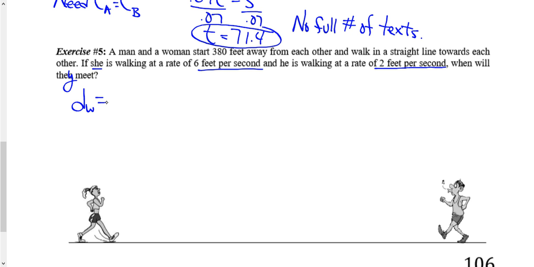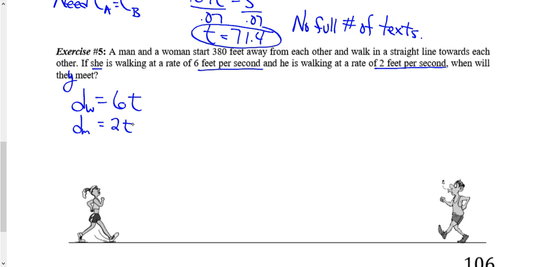So what is it? 6T. Right, so every second she gets 6 feet. How about the D sub M for distance of the man? That'd be what? 2T, right?